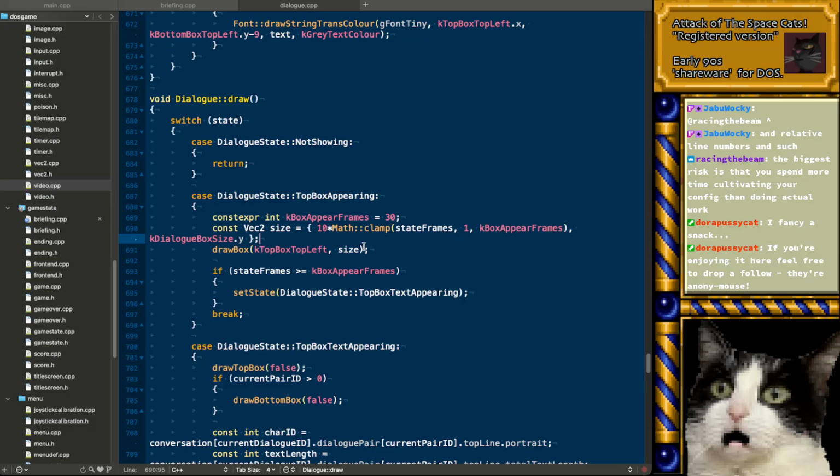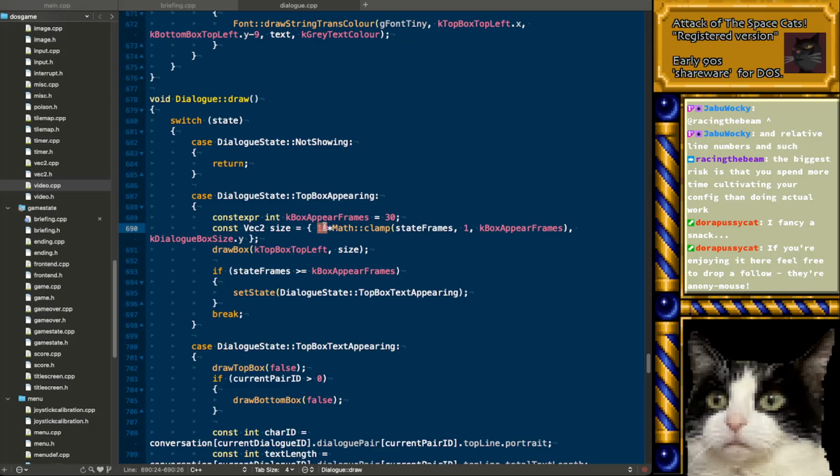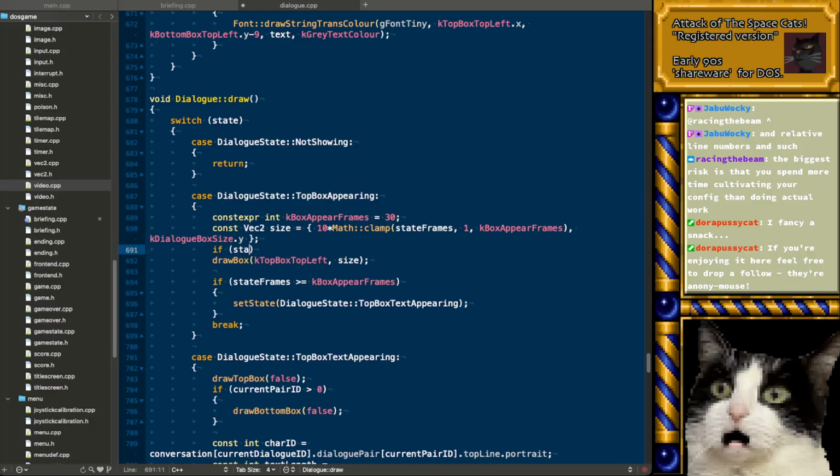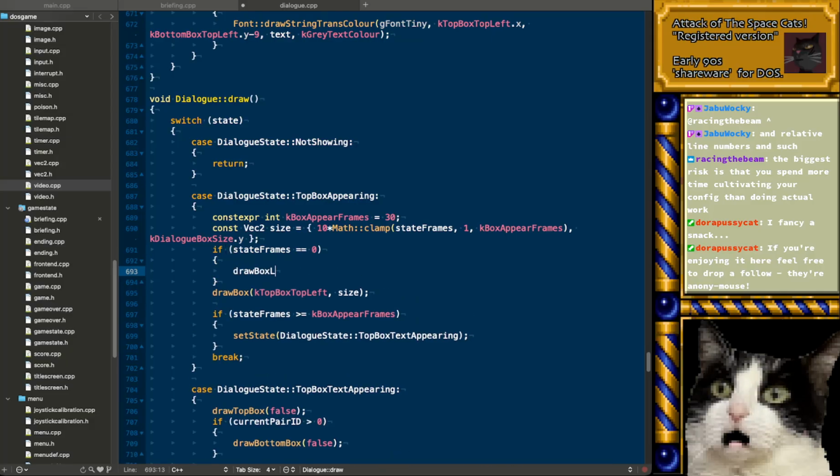So that size of the box is going to be 10 times however long we've been in the state, clamped between 1, which would be 10 pixels, or 30, which would be 300 pixels. Okay, so 0, box left, top left.